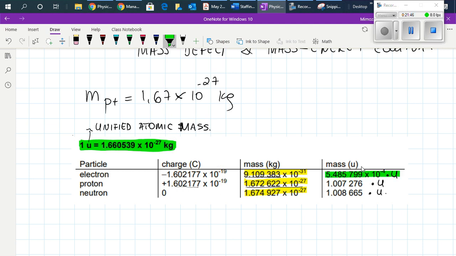When we are dealing with the electron, this is what we refer to; the proton is this one here, and the neutron is this one here.